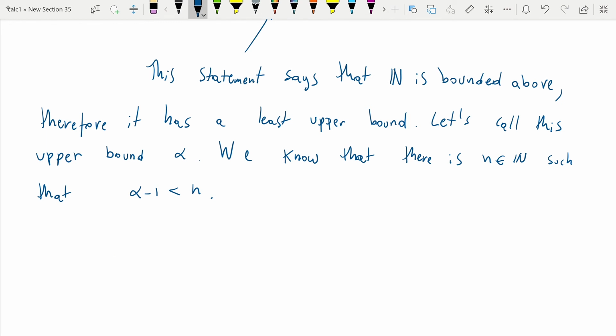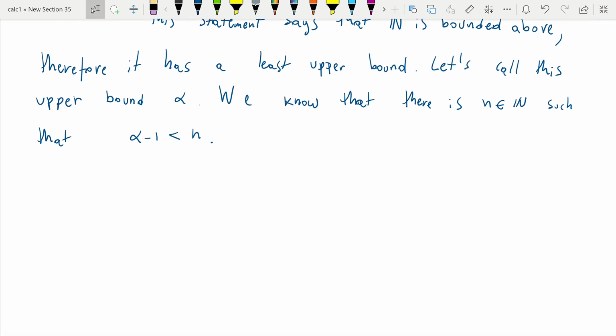Remember that if we subtract epsilon from the supremum, we must be able to find elements that are bigger than that, for any epsilon, in particular for epsilon equals 1. So we know that there is an n such that alpha minus 1 is less than n.